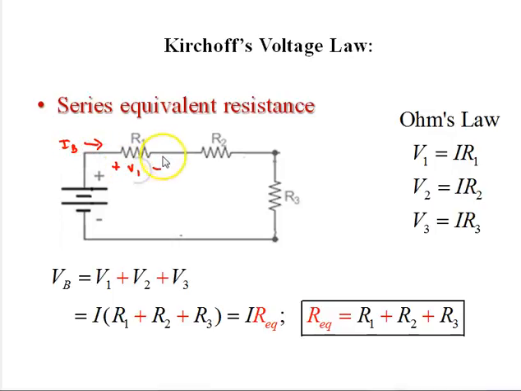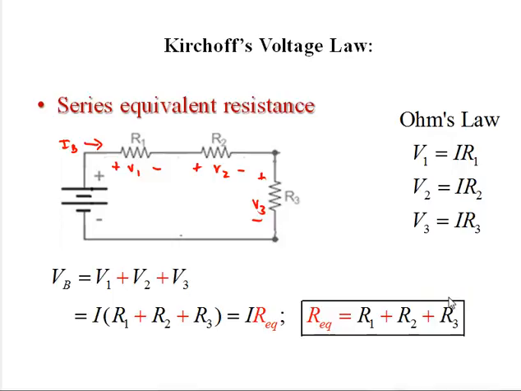So we have a voltage drop V1 in the direction of the current, V2, and V3. Kirchhoff's voltage law gives us this equation, and substituting and using Ohm's law, V1 is I R1, so our equivalent resistance is the sum of the 3 resistors.